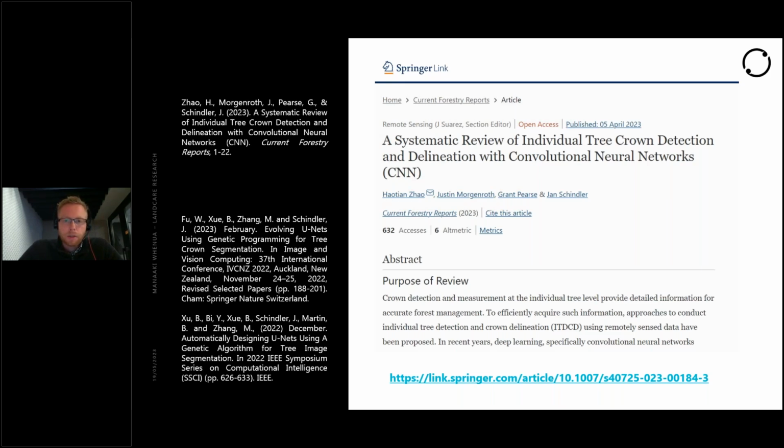He put together a really good review of the current state, and I recommend having a read. On the left-hand side, I also put up a few publications that were prepared by the Victoria University of Wellington in collaboration with us, which are about more fundamental AI technologies, which is called genetic programming.